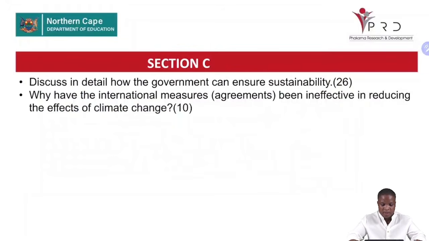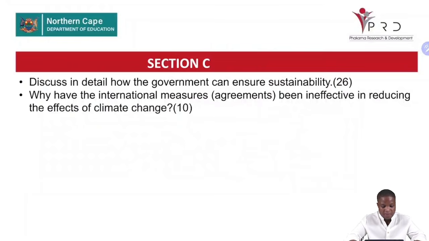Let's look at the first essay question that we're going to do. We have 2 essay questions, and we're going to do both. The first essay question says, discuss in detail how the government can ensure sustainability. Your essay does not have headings, meaning if you write the headings, you're going to score yourself marks.